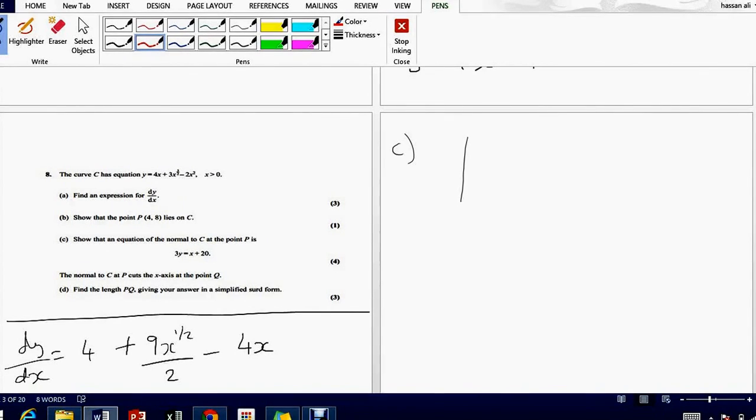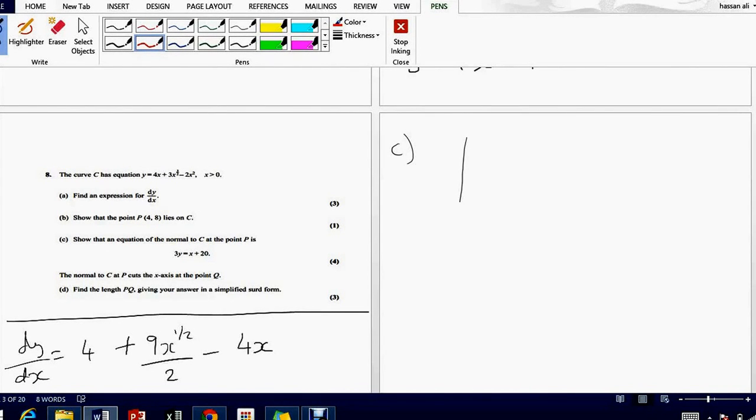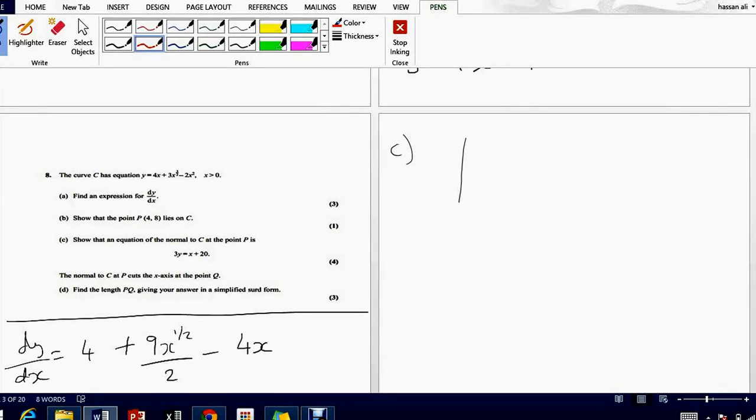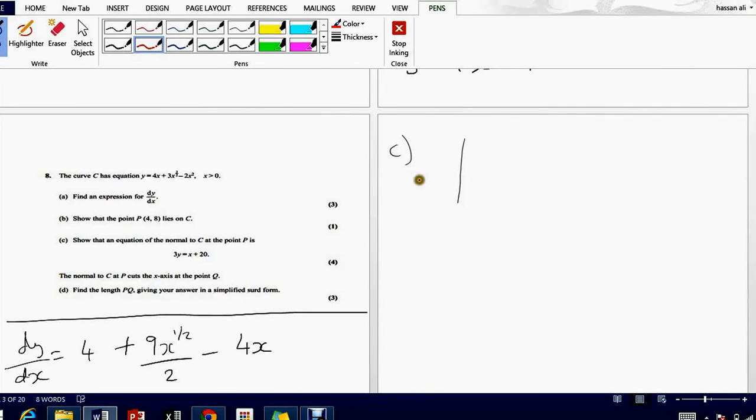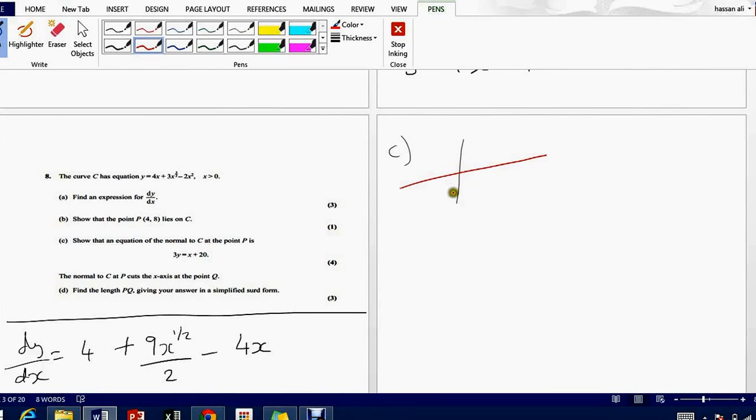Right. Part C is saying to show an equation of the normal. What you have to remember, it's vital that you know this: if you have a line going like this, the normal line is a straight line that is perpendicular to this line here.